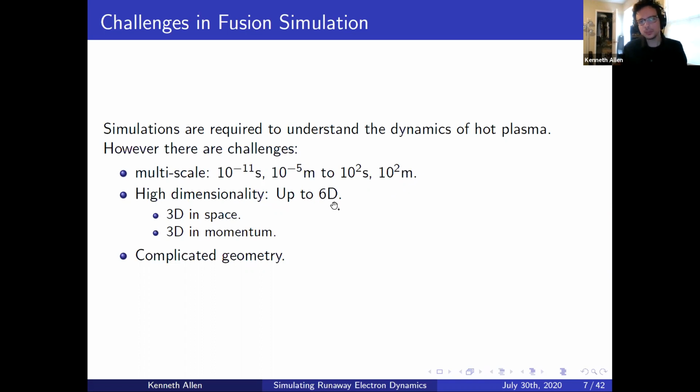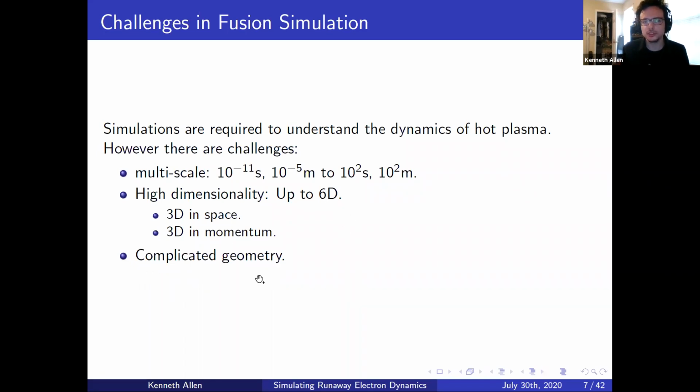And the dimensionality of the equation that defines this hot plasma can be up to 6 dimensions. This curse of dimensionality means that the higher the dimension, the exponentially more partitions we need, and it takes exponentially more time to compute the details. So 6 dimensions is already very large.